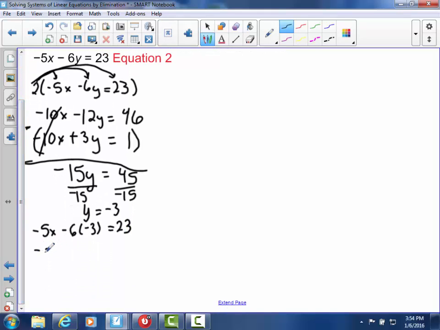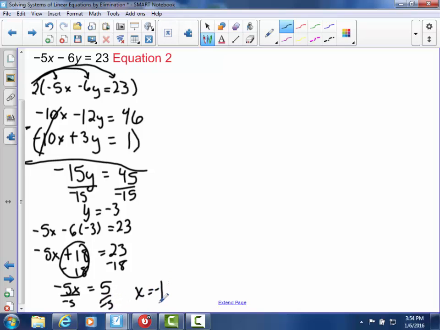So negative 5x plus 18 equals 23. If we subtract the 18, that'll be 0. So subtract 18, we get that negative 5x equals 5. Divide by negative 5, and we get that x equals negative 1. So our solution would be negative 1, negative 3.